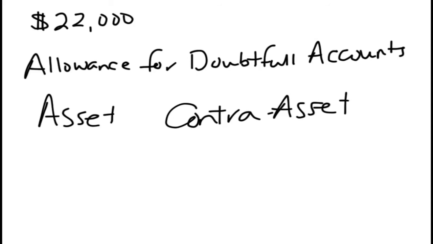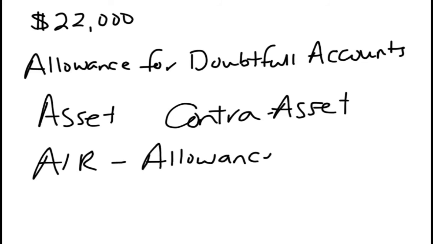What happens with the allowance account is I want to be able to take accounts receivable and subtract the balance in this allowance account to determine what I think we're really going to get in cash from those receivables. And that's what we call net realizable value. I'll shortcut it, but net realizable value. Sometimes you might see it called cash realizable value, but same thing.